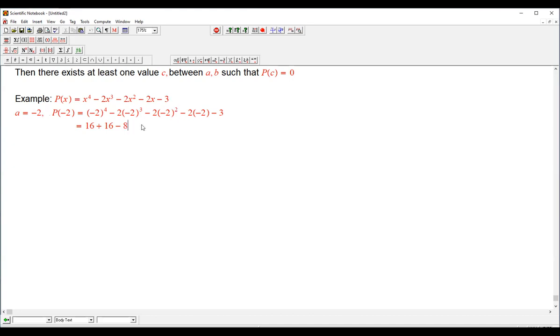And -2 times -2, that's +4, and that's -3. Okay, so we just get to do the arithmetic, right? 32. So this will make 8, right? 16 plus 8 is 24.